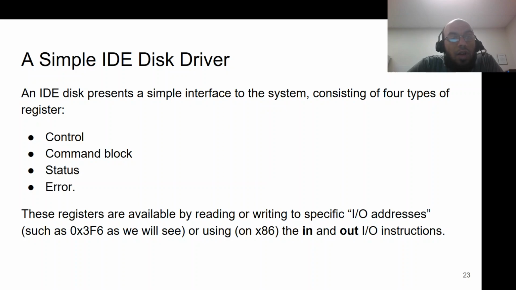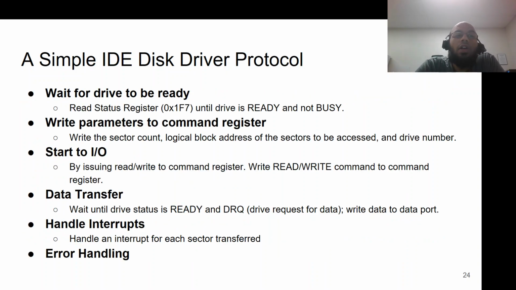And some of these might be memory mapped, and in that case they will have a definite or predefined IO address, and 0x3f6 for example might be one of these IO addresses for reading or writing to some of these registers, or you can just use the in and out commands on x86 to actually access these. A simple IDE disk driver protocol will look something like this basically.